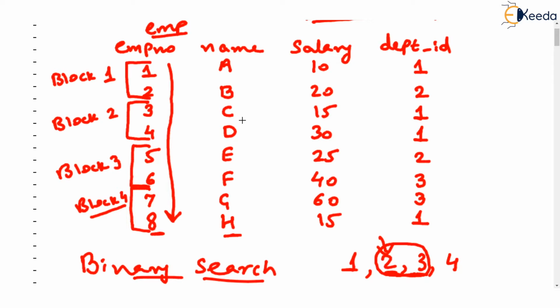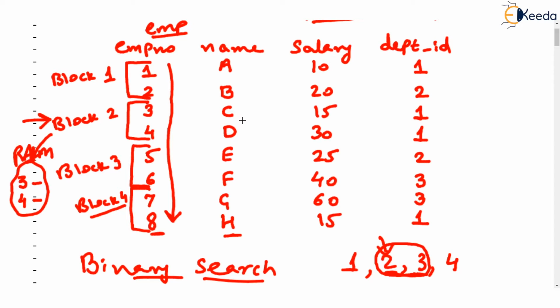So the second block is what the system will read. Please try to understand, this second block will be taken into RAM, that is internal memory. So the second block placed in the RAM means the records with number 3 and number 4 are in the RAM now. I'm not writing other details like name, salary, and so on.